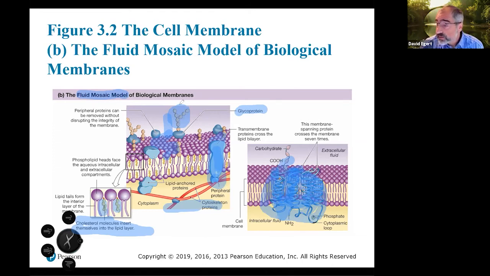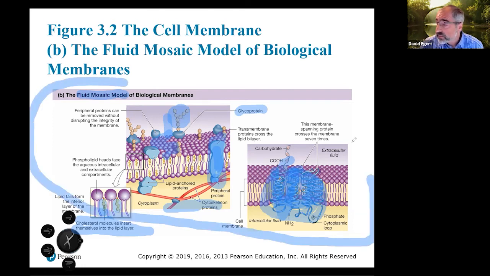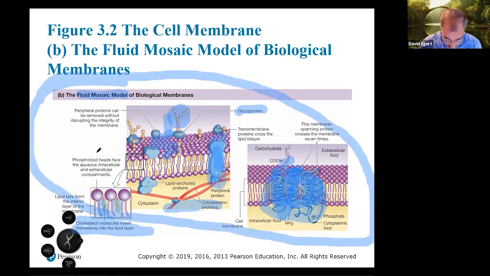But just getting in your head, this is what a cell membrane really is like. It's this assembly of all these little phospholipids with all these other membrane proteins in there. And we're going to spend a bunch of time today looking at the jobs, the roles that these different membrane proteins can play.